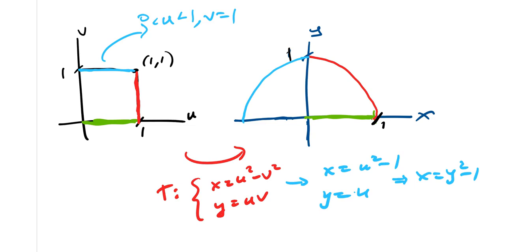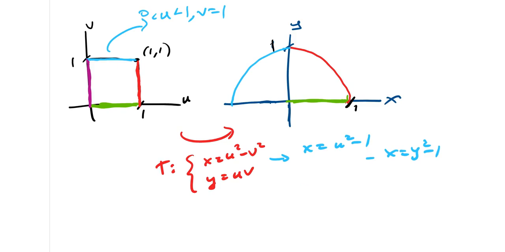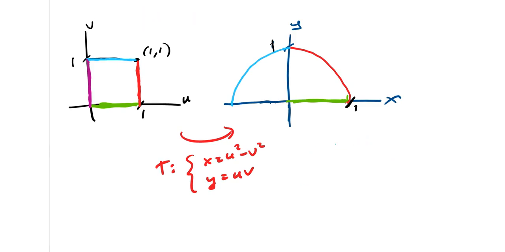Let me pick magenta here. Let's look at this line right there. For that line right there, u is always 0, and v ranges between 1 and 0. And so taking that down here, when u is always 0, x is negative v squared, and y is 0.